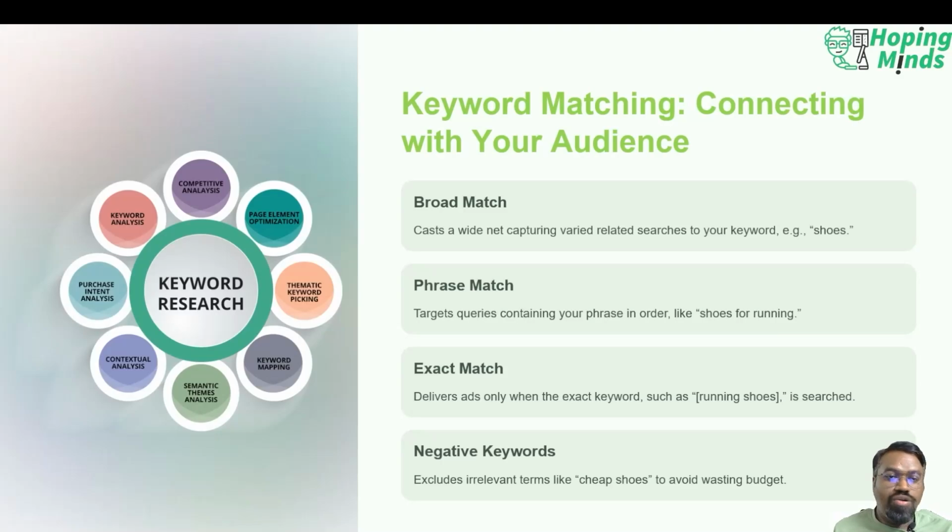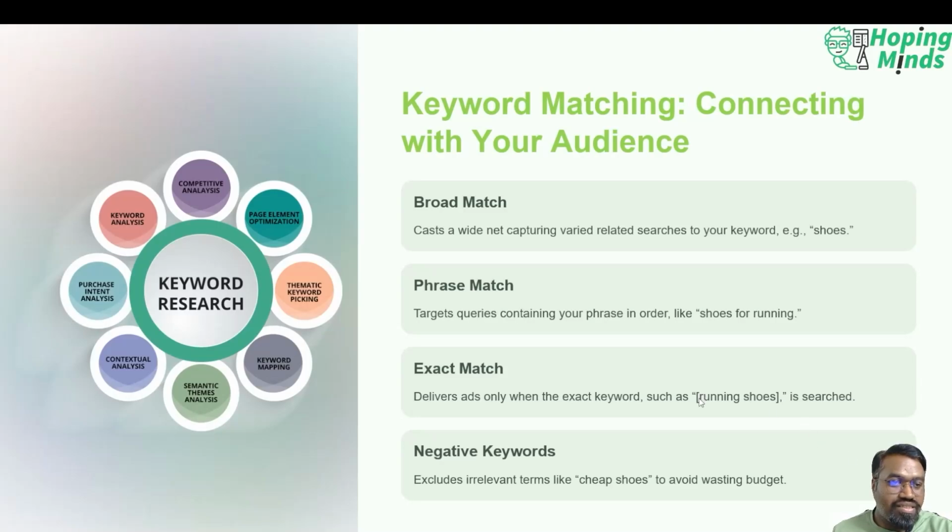Now I'll show you how phrase match and exact match are written. The example is right here, right? It delivers ads when the exact keyword is mentioned. An exact keyword is mentioned under this kind of bracket.